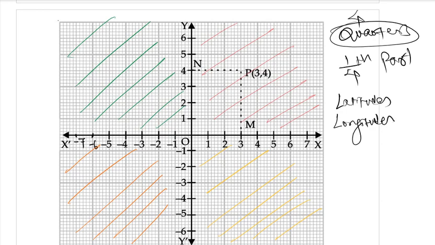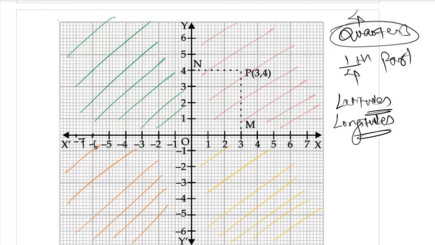You know them? They are based on the same system. So if you know the latitudes and longitudes of a place, that means you can identify that place on the map. Or if you know the place on the map, you can identify its latitudes and longitudes.